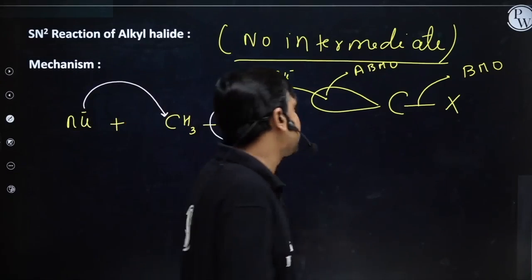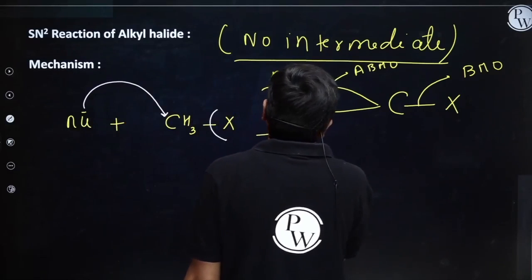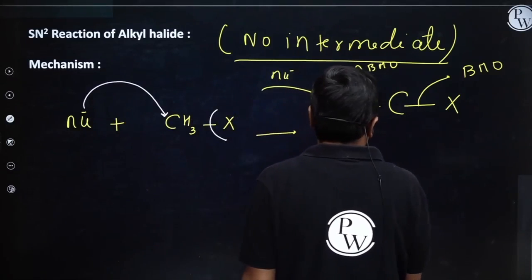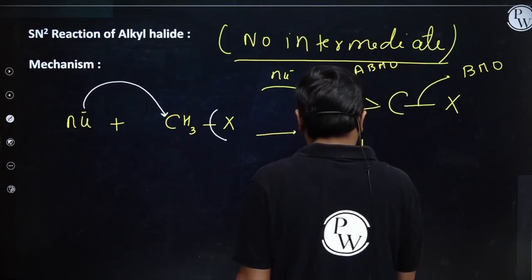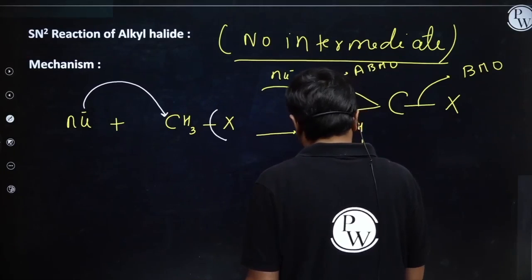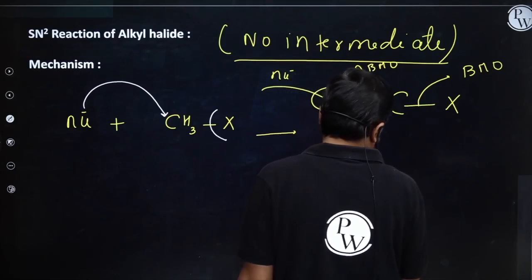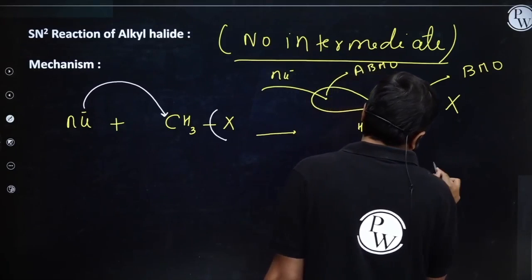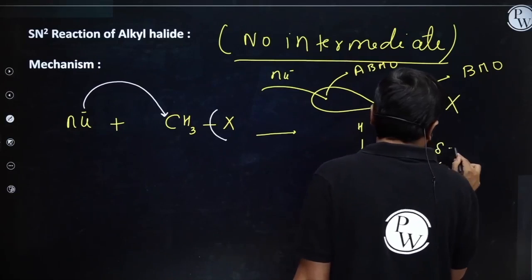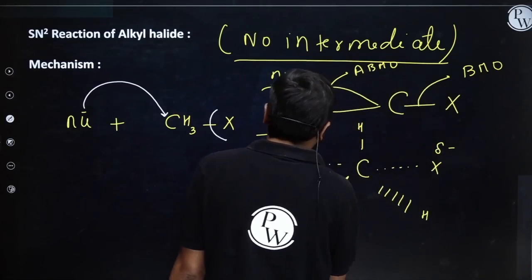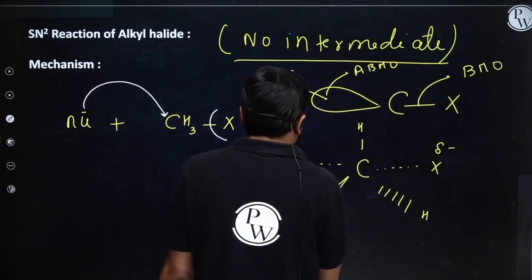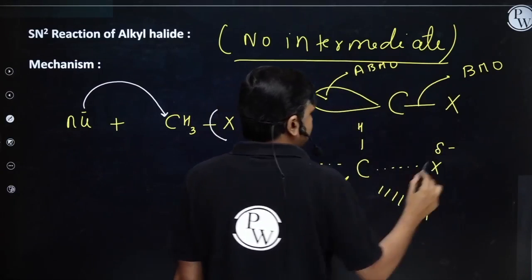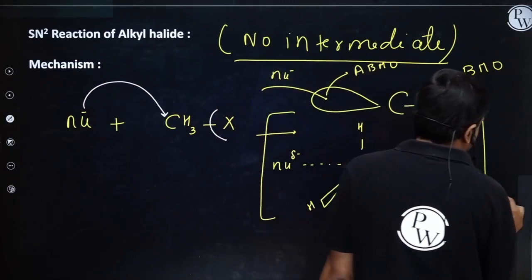So we'll have our transition state, and the transition state is like this: C with H, H, H, X having delta negative, Nu having delta negative. This is our TS, the transition state.